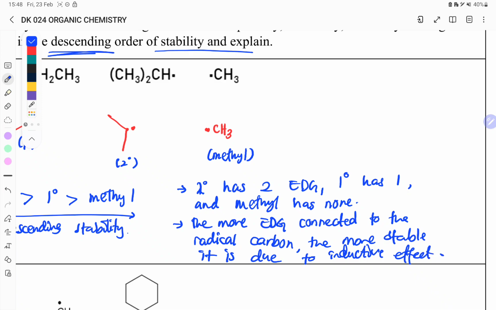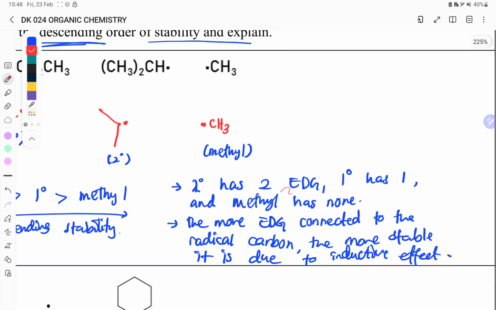So this should be the reason, and the point that I want you to focus on is, first of all, we state how many EDG there are: 2, 1, none. The more EDG at the radical carbon, the more stable, because of inductive effect. Because the electron donating group creates the inductive effect.